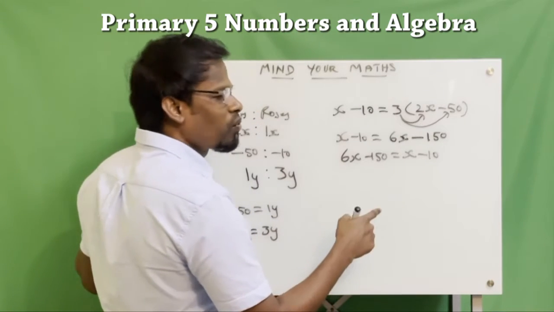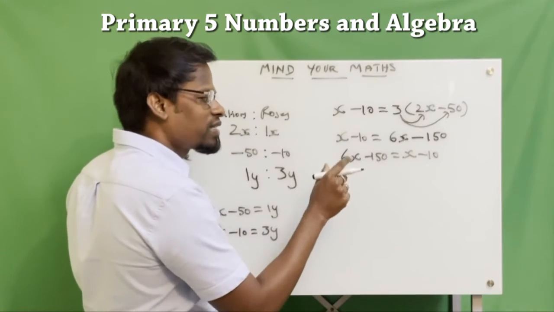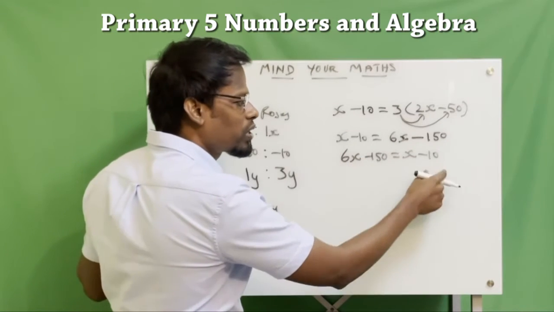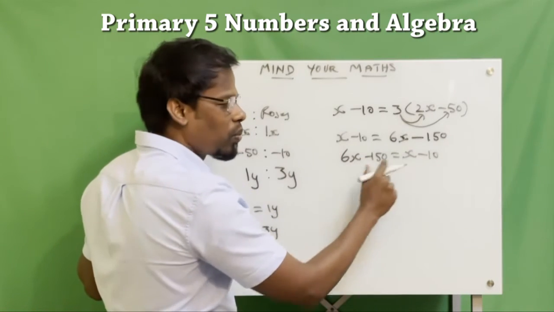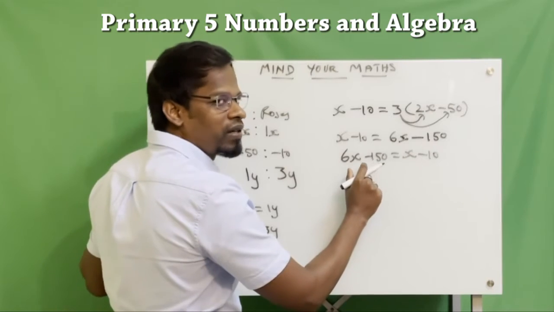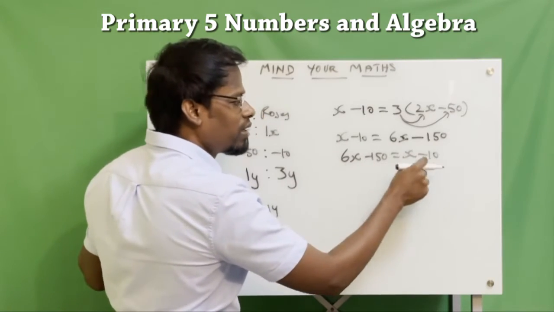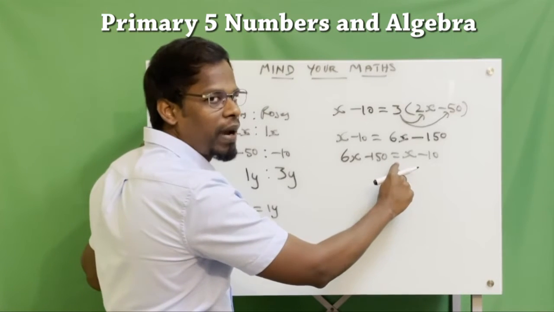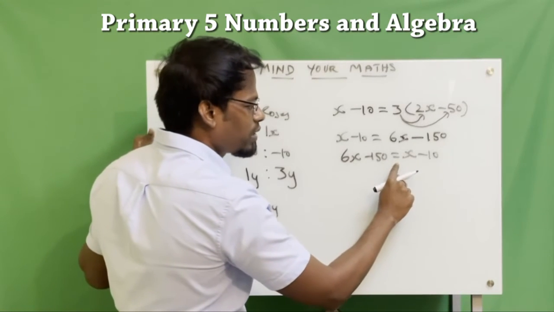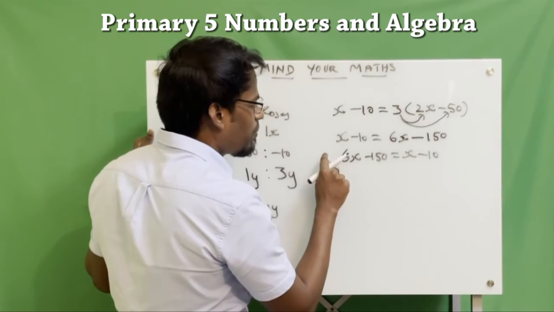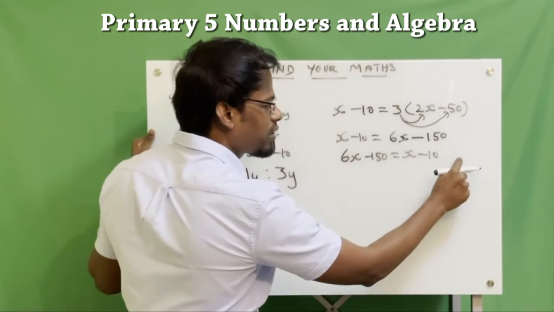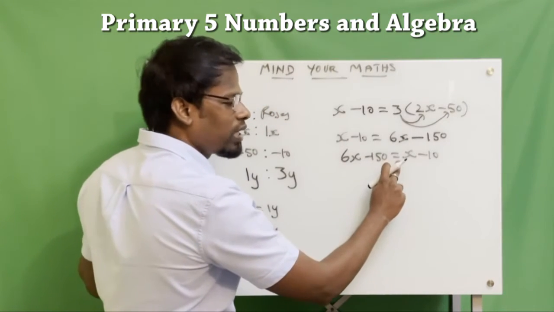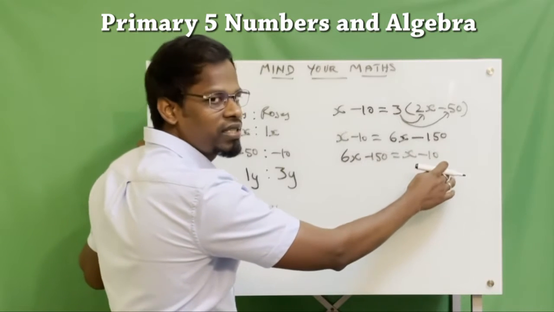In other words, if you add the same value to both sides, the equality is still maintained, right? So if you're adding an x here and an x here, both sides are still equal.